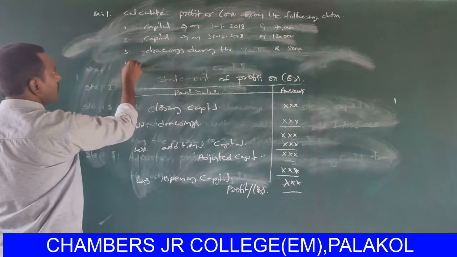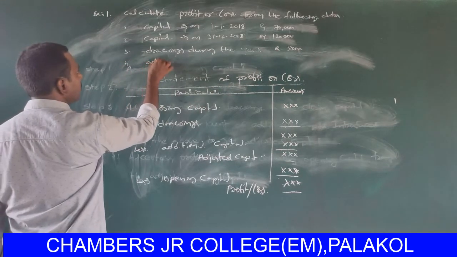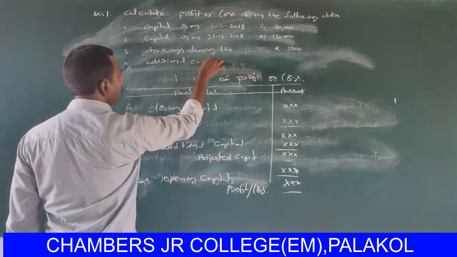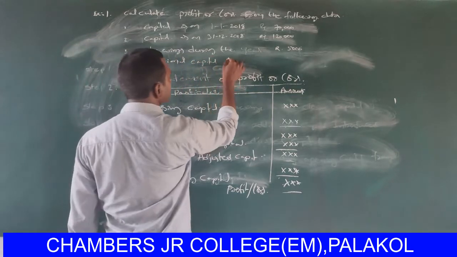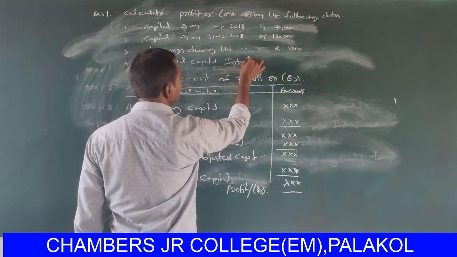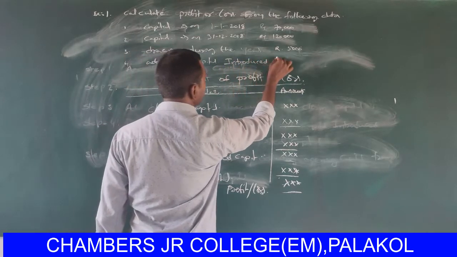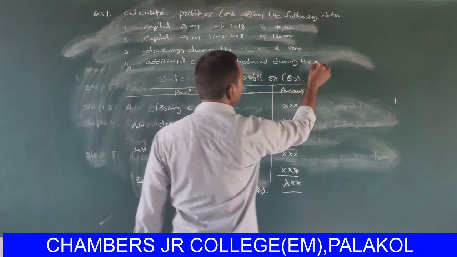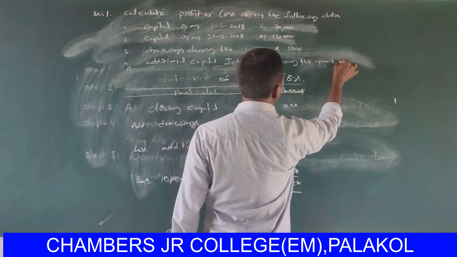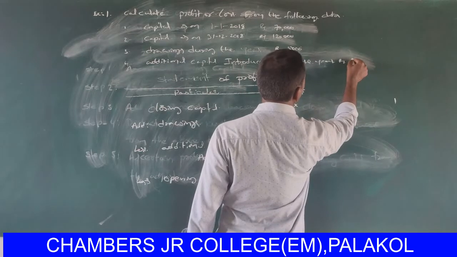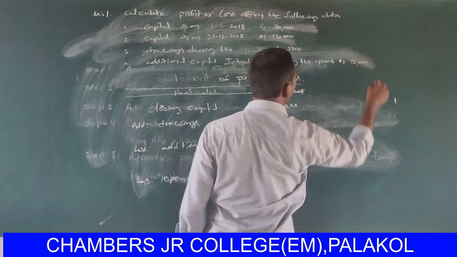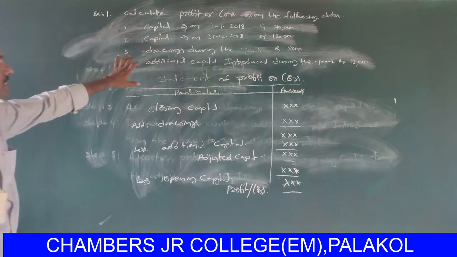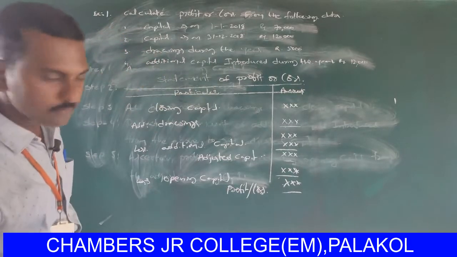Fourth one, additional capital introduced during the year, rupees 12,000. This is the problem. Now let us see the answer of the problem.